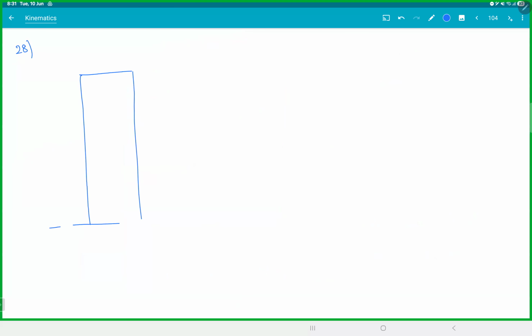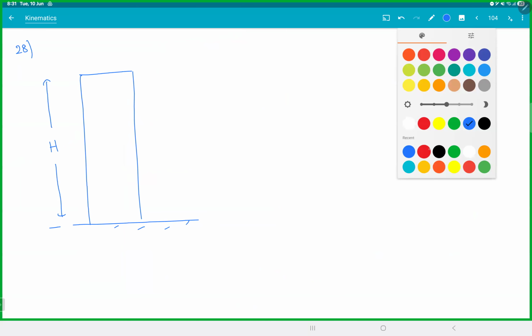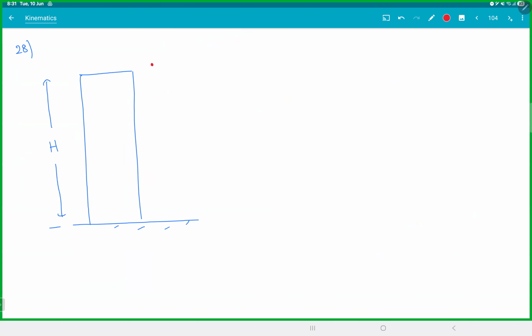Let's start off with a question. We got a building here of height h. A particle here is released from rest. So this thing falls straight to the ground like this.